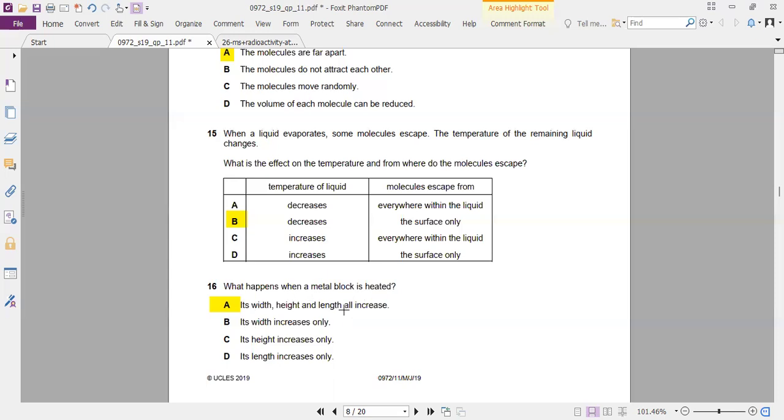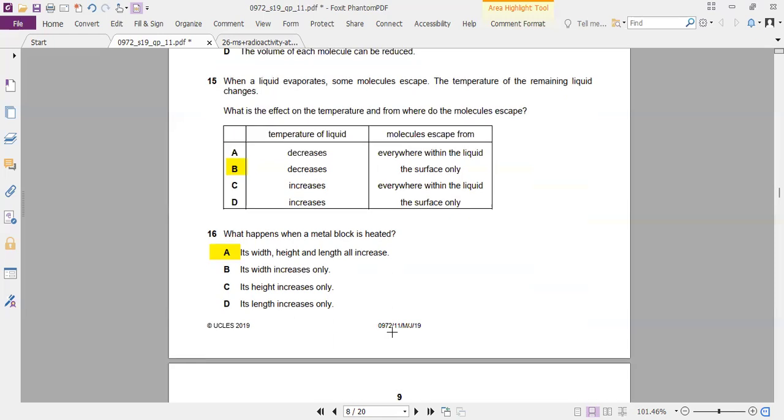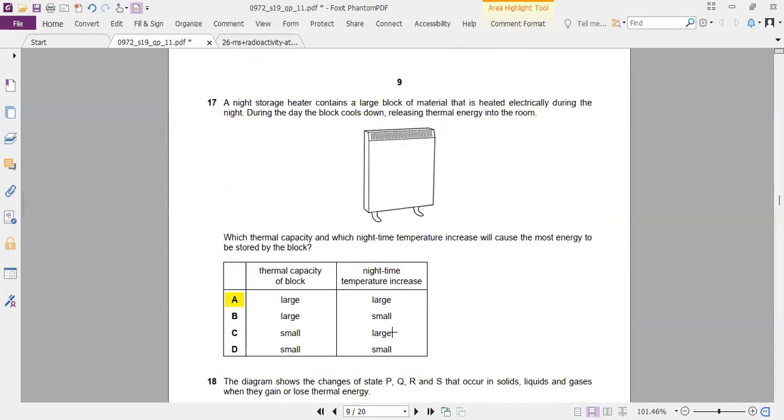When a metal block is heated, its volume increases. All three sides increase. If you have a large thermal capacity and if there is a nighttime temperature increase, that will have the block absorb the most energy.